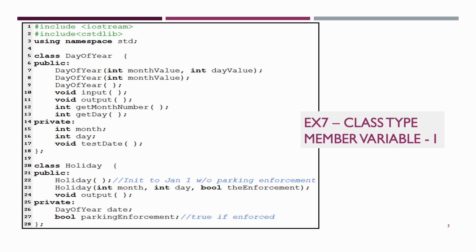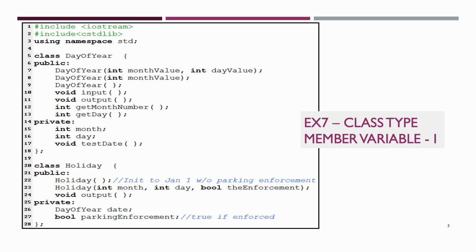The default constructor initializes a holiday to January 1st with parking enforcement off, and then there is a second constructor which takes three arguments: month, day, and parking enforcement, which allows a more customizable holiday.